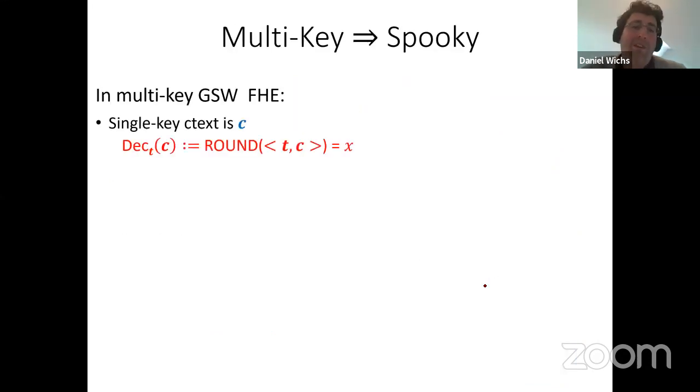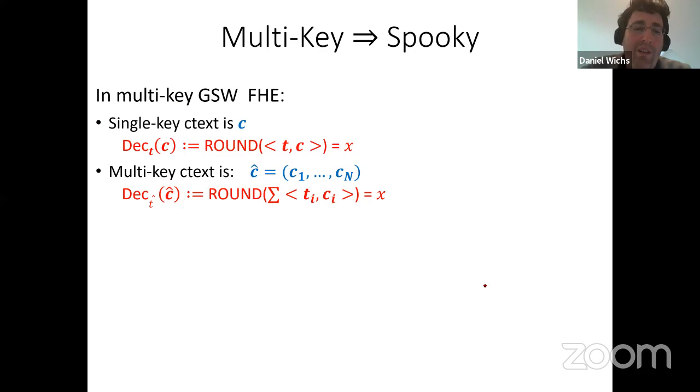And the problem is that a decryption operation in the single key setting, at least on these compressed ciphertexts, would be to do an inner product followed by a rounding operation. That gives you the encrypted value X. Whereas in the multi-key setting, if I want to decrypt the multi-key ciphertext, I need to do the inner product on all of the components, sum them up, and then round.